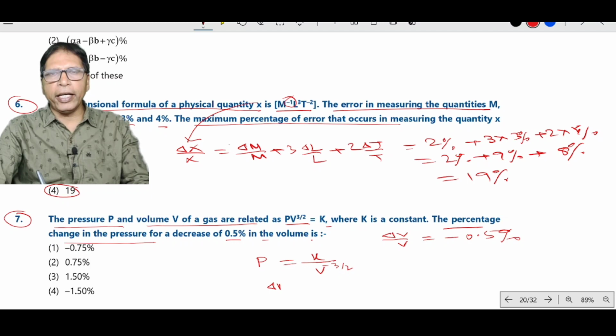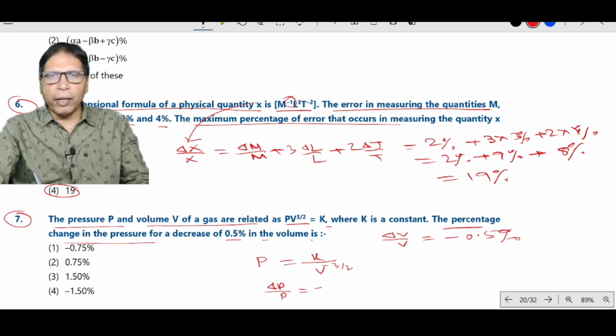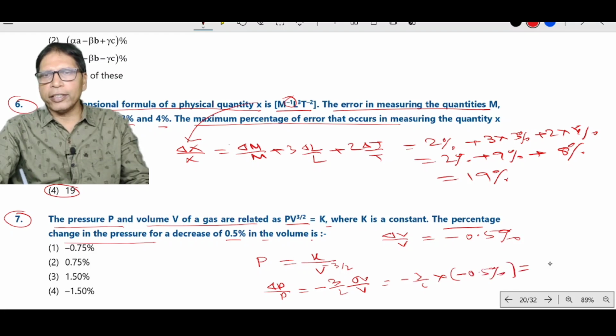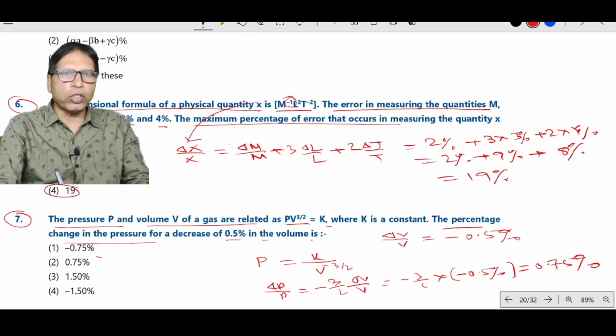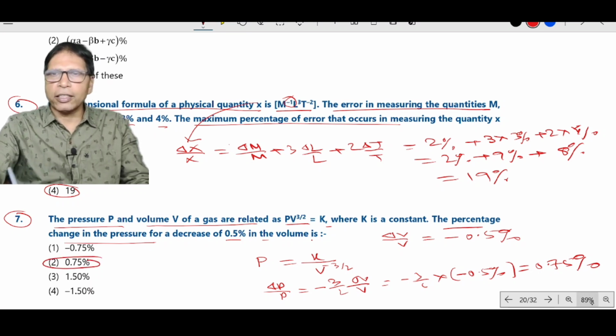Here delta P by P is minus 3 by 2 into delta V by V. This is 3 by 2 and delta V by V is minus 0.5%. So this is 0.75%. This is the positive value.